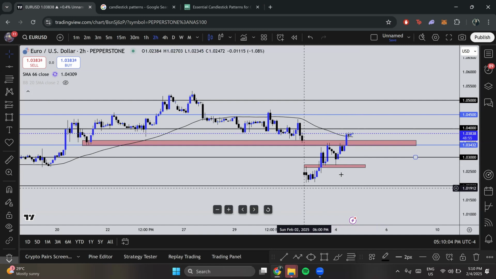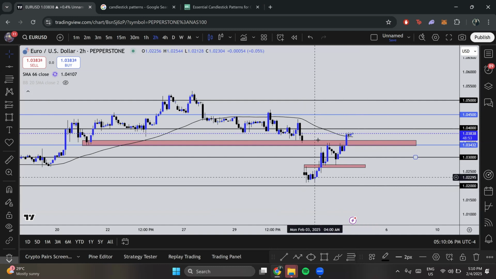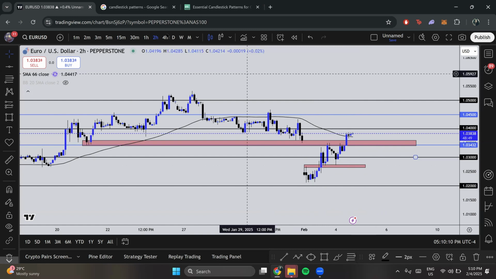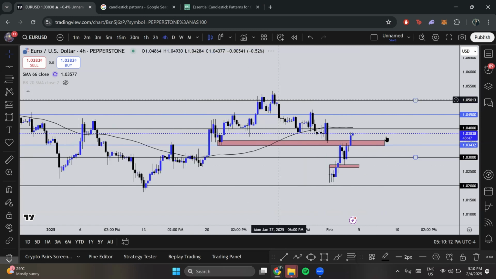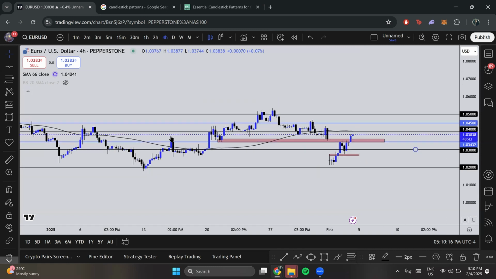you then have to figure out the market structure. Based on this structural level that we're seeing here, on the H4, the market was unable to make a lower low. So lower high, expecting another lower low, the market picked up momentum and is still making higher highs.